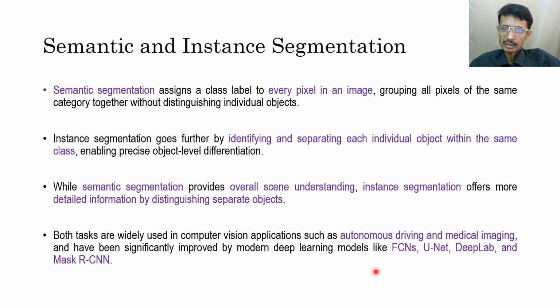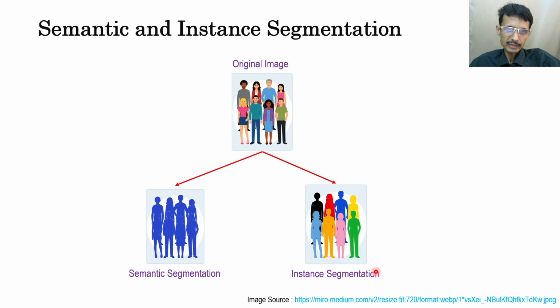Both tasks are widely used in computer vision applications like autonomous driving and medical imaging, and have significantly improved with modern deep learning models like FCN, UNet, DeepLab, and Mask R-CNN. So this is, as a whole, the idea of semantic and instance segmentation. And you can see a diagram here. This is the original image.